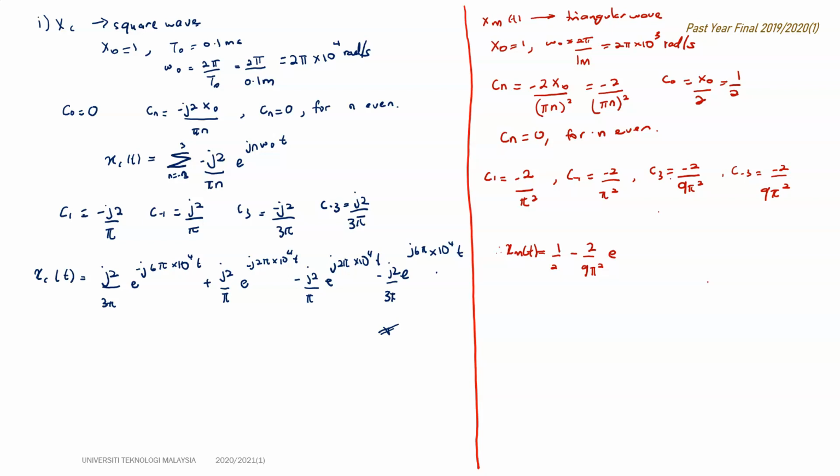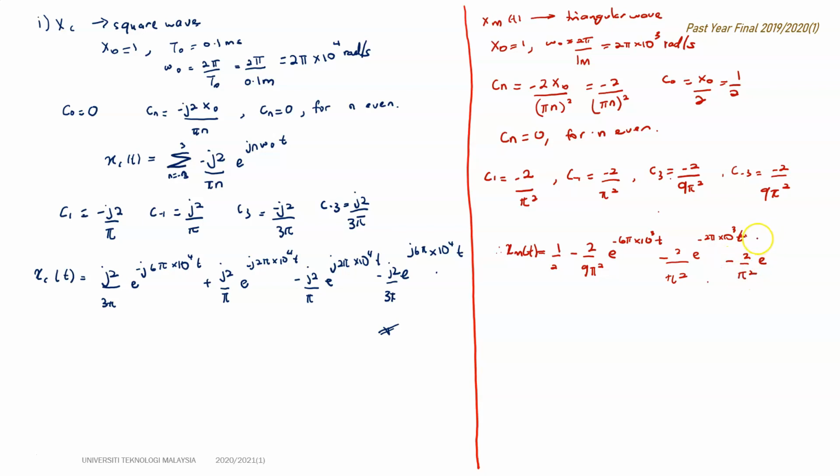The n in this example, for this component, is negative 3. So negative 3 multiplied by 2 pi is negative 6 pi, multiplied by 10 power of 3 t. Then minus the second smallest one, which is negative 1, 2 over pi squared, exponent negative 2 pi multiplied by 10 power of 3 t, and then minus 2 over pi squared.